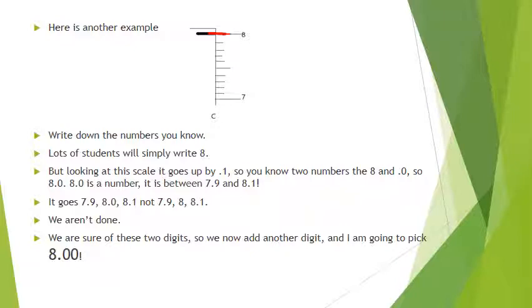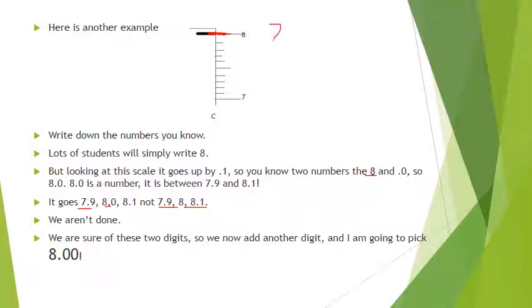So it's 0.1, 0.2, 0.3, 0.4, 0.5, 6, 7, 8, 9, 0.0. So this is actually 8.0. It's not 8. So don't forget to write that down. All right, it's not 8. It's 8.0. It goes 7.9, 8.0.